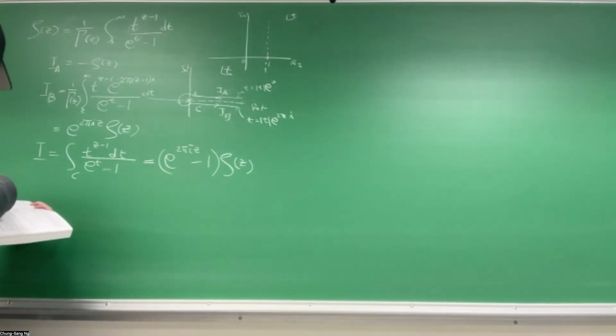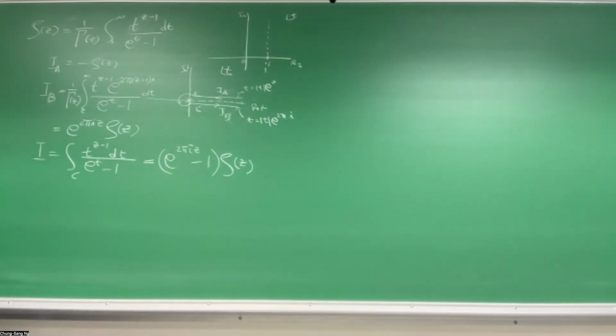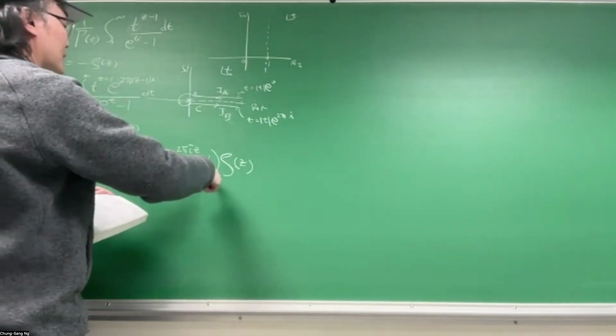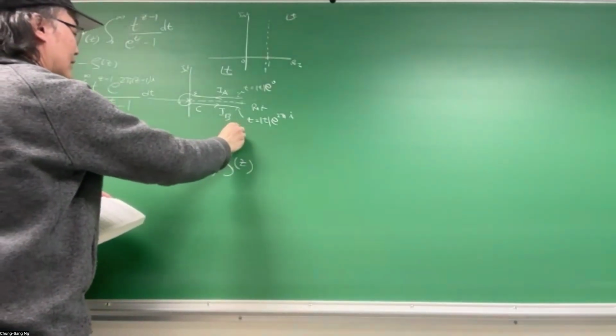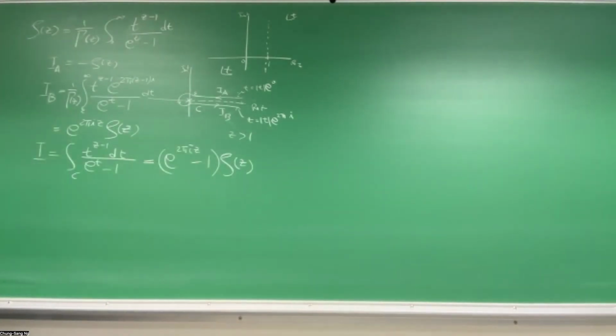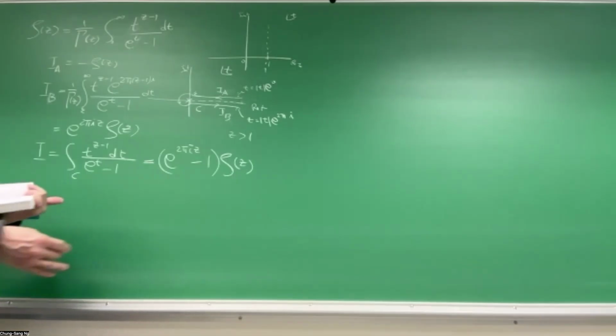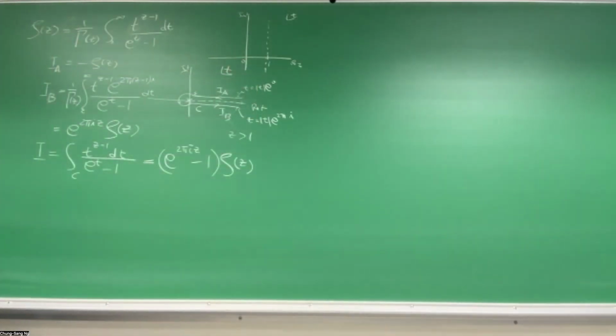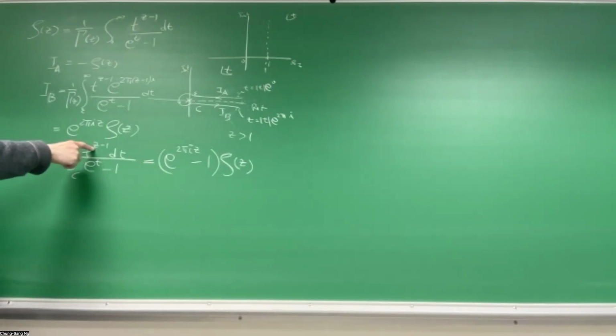Okay, and now the next trick is to extend this. At first it's defined for z greater than 1, but now we want to actually extend it to z less than 0. So z will be the real z.